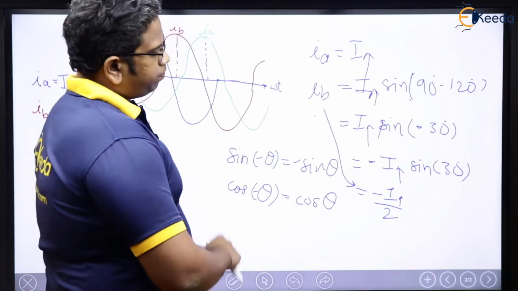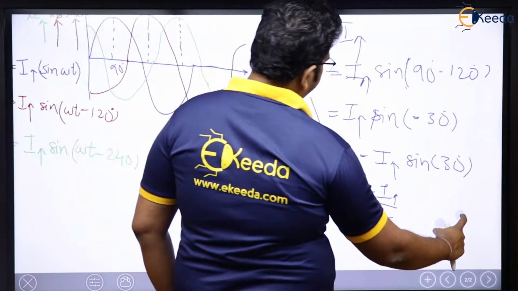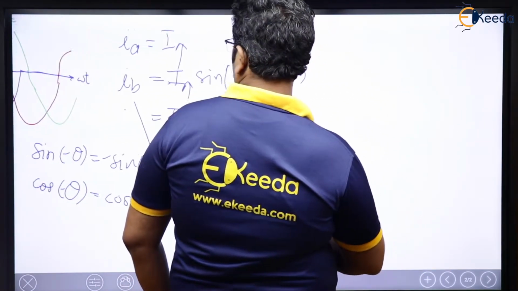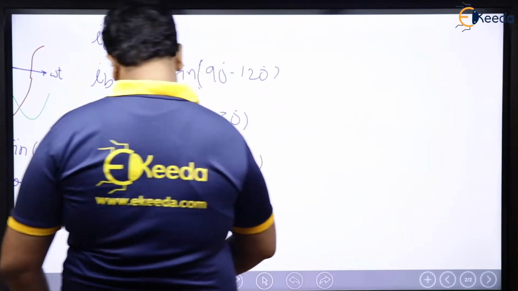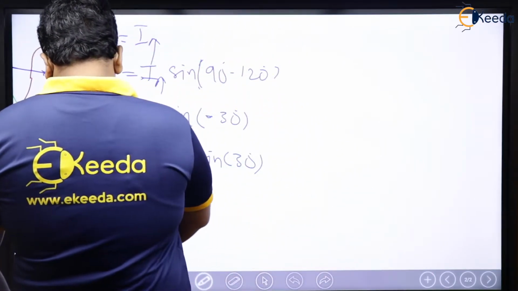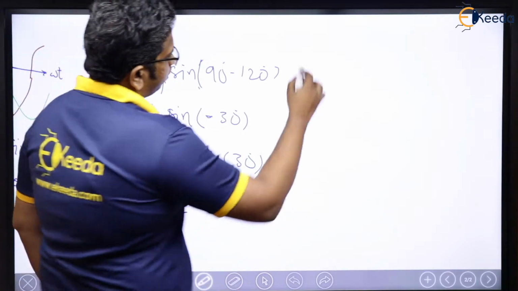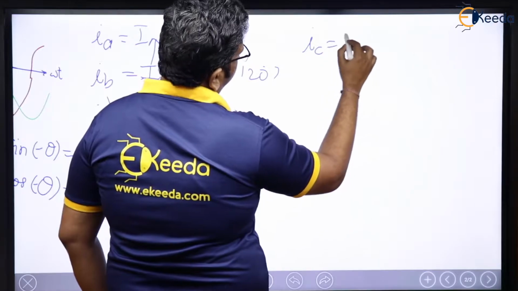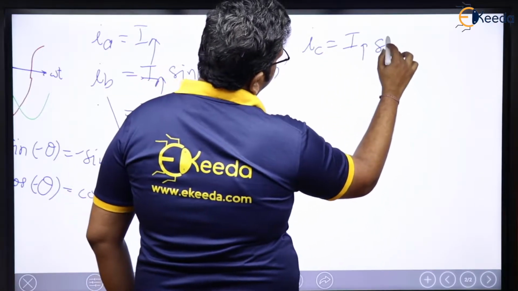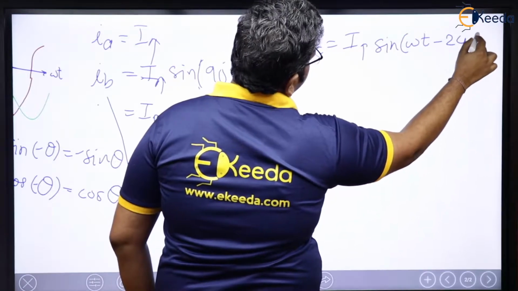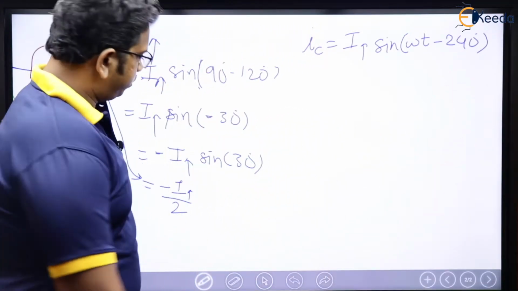Now, let me do the same for IC. Let us see. IC is what? I max into sine of omega t minus 240 degrees. Right?